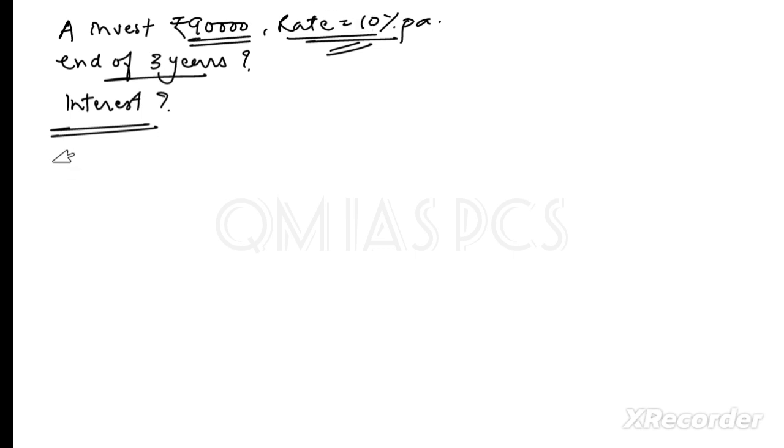First of all we can write the amount: A is equal to P(1 plus R by 100) to the power N. Clear? Just remember the formula of CI and SI, it will be easier for you then.